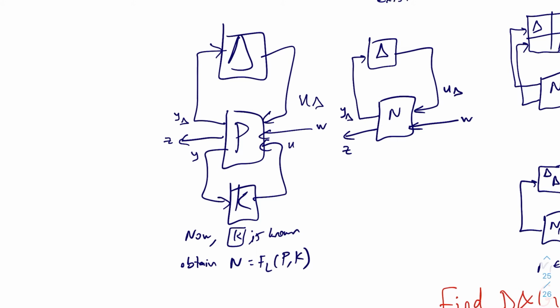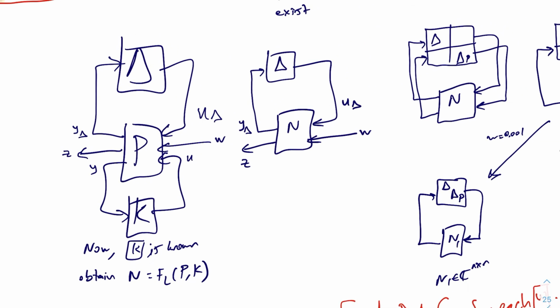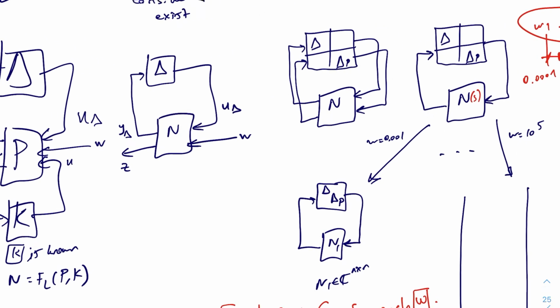We completed the K part, and we are going to switch between those stages till the convergence, right? And then just using lower linear fractional transformation, we have this now. By the way, we know what N is, right?